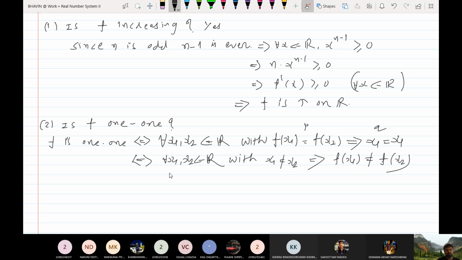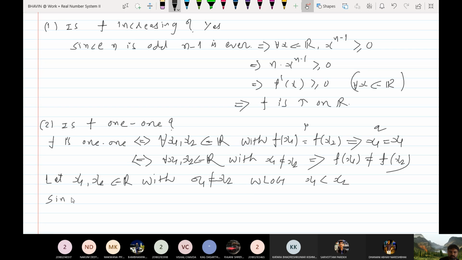So let us prove by this. Let x1, x2 belong to R with x1 not equal to x2, and also without loss of generality, since by the trichotomy law either x1 is bigger than x2 or x1 is less than x2, let me assume that x1 is less than x2.